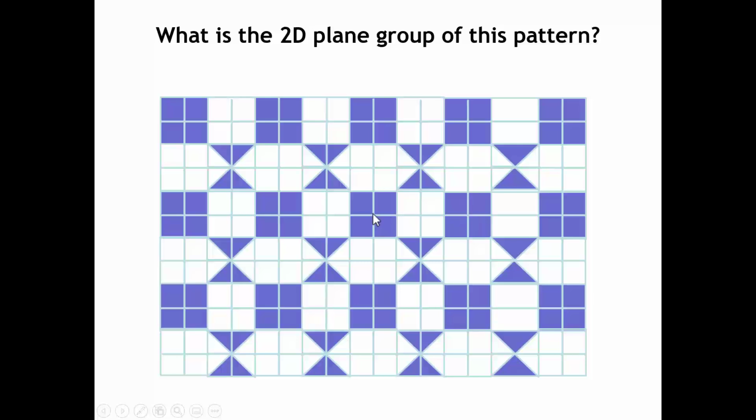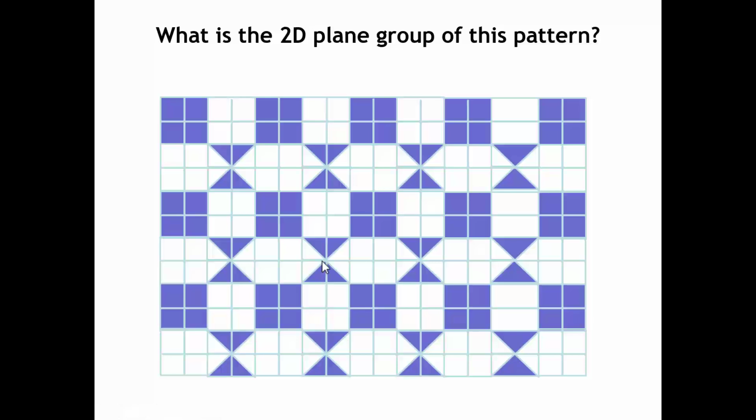If I were to come right here on the center of this square and rotate by 90 degrees, the square would be the same, but this hourglass-shaped thing would come down here and be pointing horizontally, not vertically. So there's not a 4-fold rotation axis here.